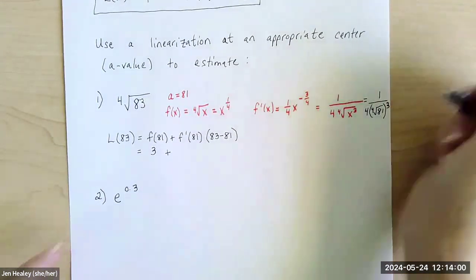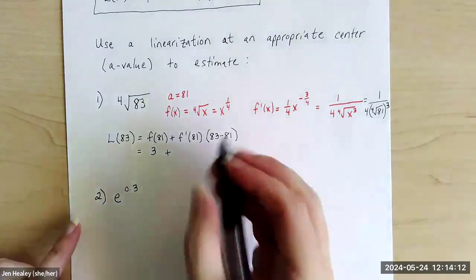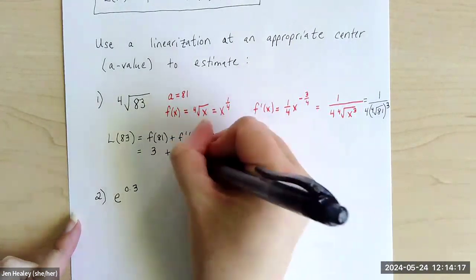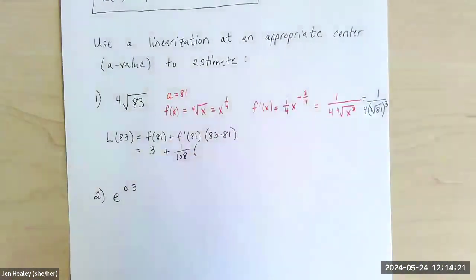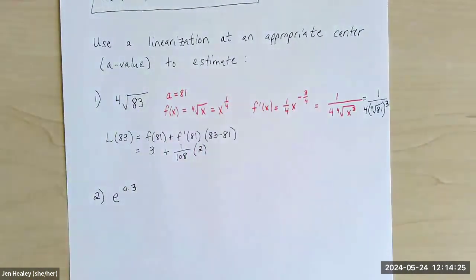That's also legal. 3 to the third. There you go. So 3 to the third would be 27, and 27 times 4 is going to give you 108. So this is going to be 1/108. And then we're multiplying that times 2, because 83 minus 81 is just 2.